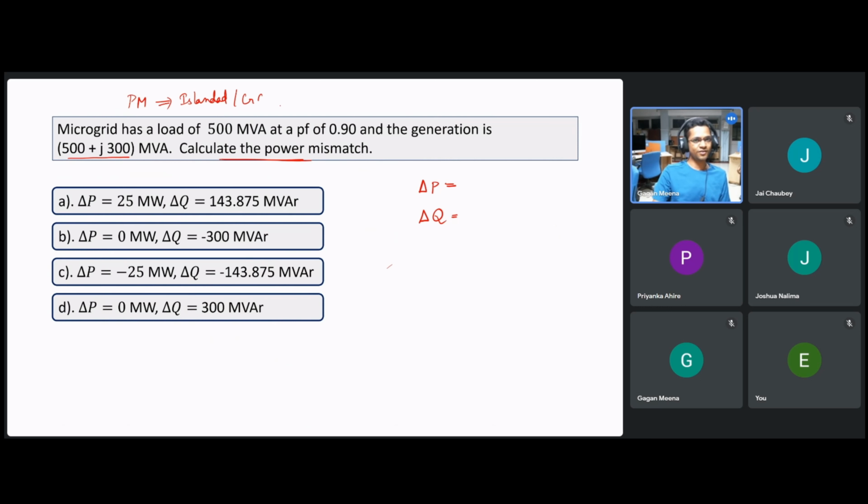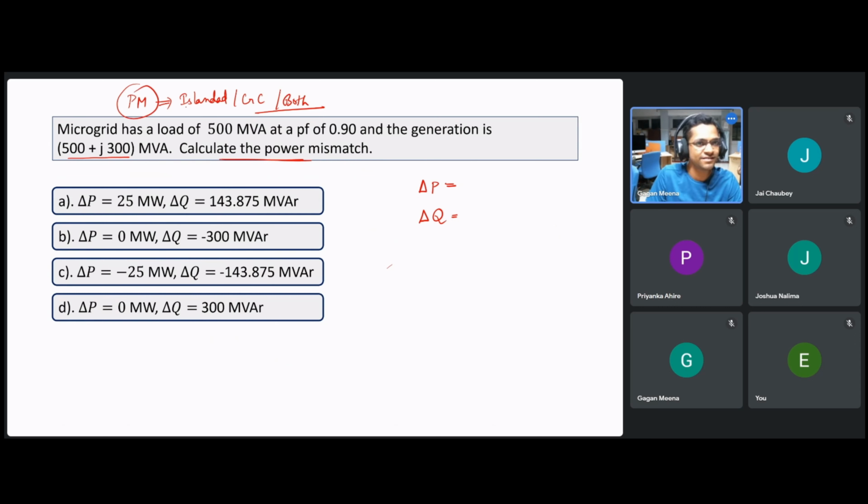Islanded mode or grid connected mode or both? And in which of these modes will power mismatch be there? I think there was one question in the assignment also, the first question on power mismatch. No one is able to recall.